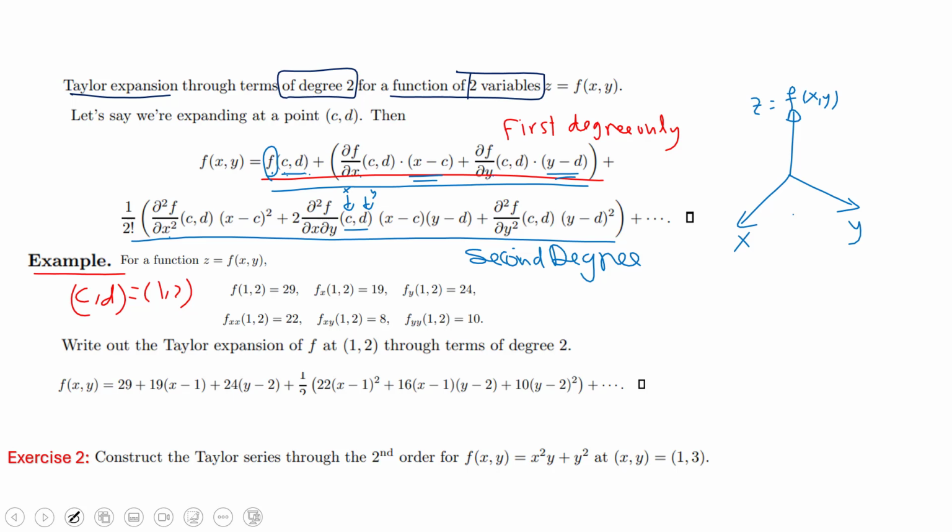He's asking you for the second degree or the first degree, it depends. He's asking for the second degree, right? He gave me the value of the function, 29. So I plug in 29, right? Okay. So now this is 29. The first derivative with respect to x is 19. So this one will be 19.